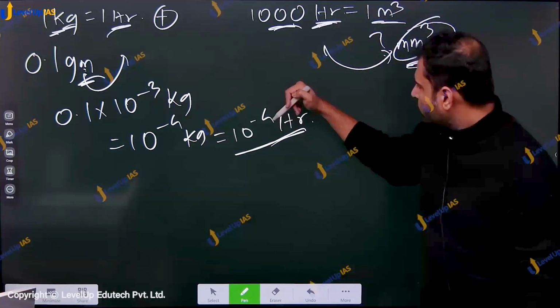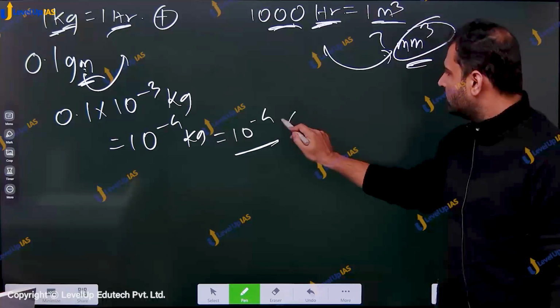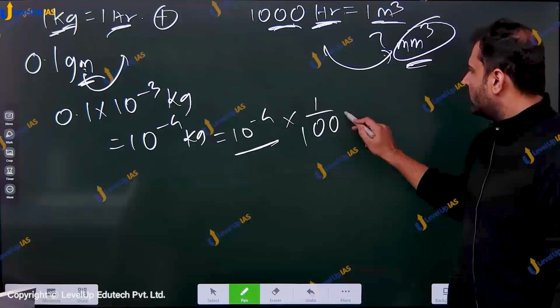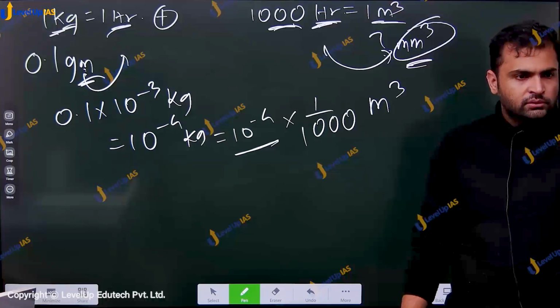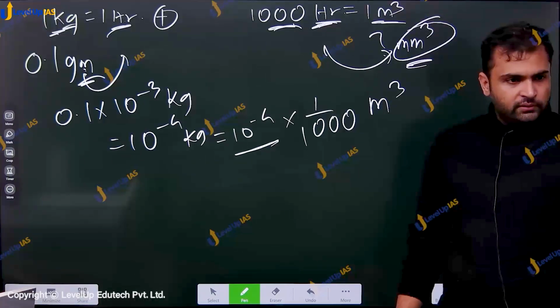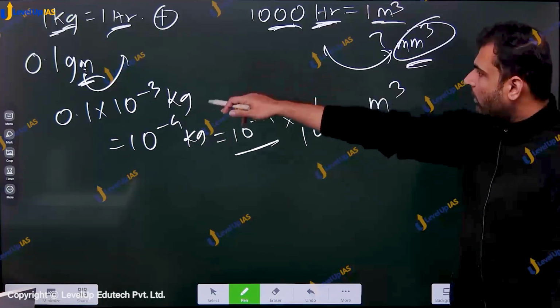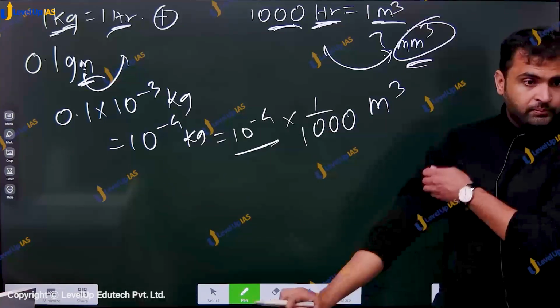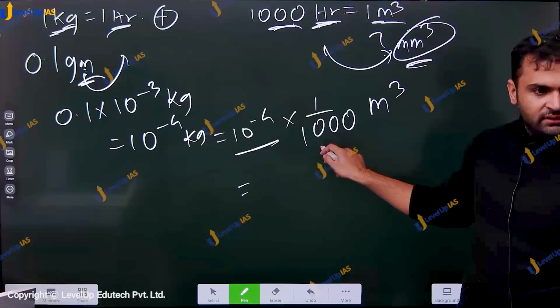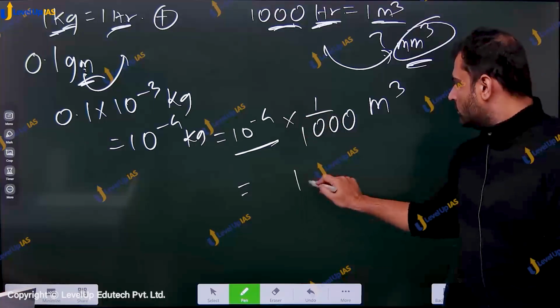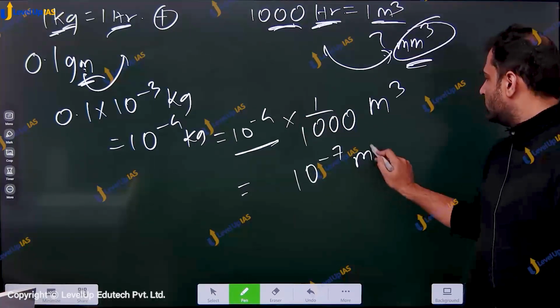So for 1 liter I can multiply by 1 by 1000 and I'll get the answer in meter cube, right? Now I have come from gram to meter cube. This is equal to 10 raised to minus 4 and this is 10 raised to minus 3, which is 10 raised to minus 7 meter cube.